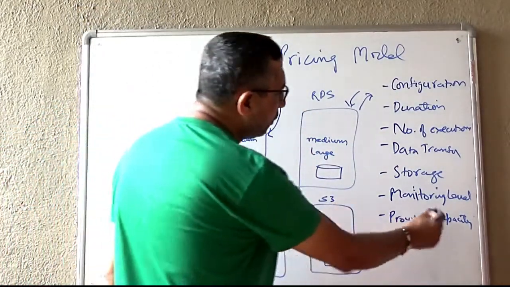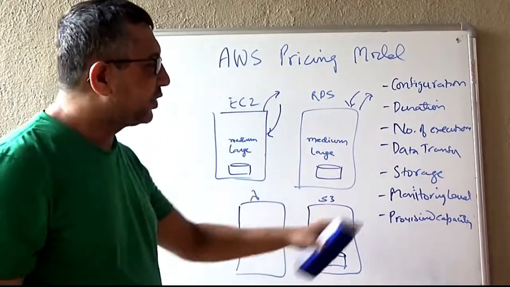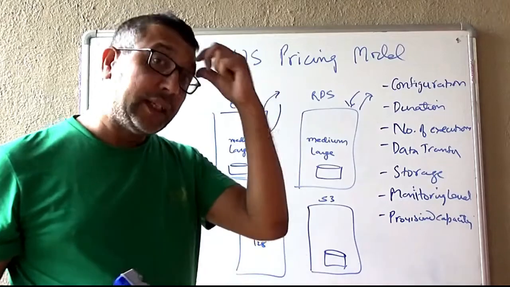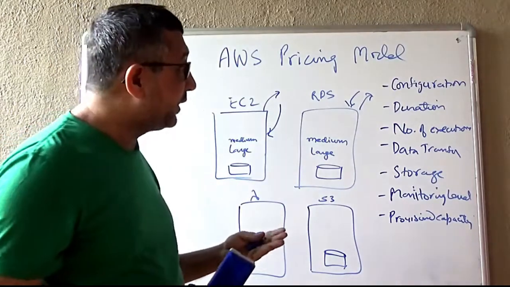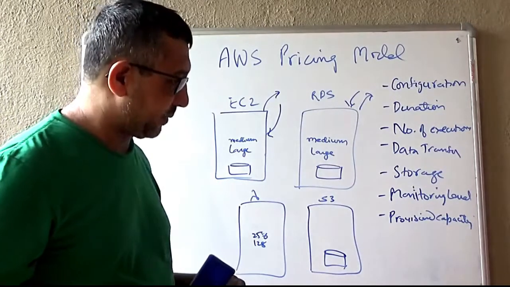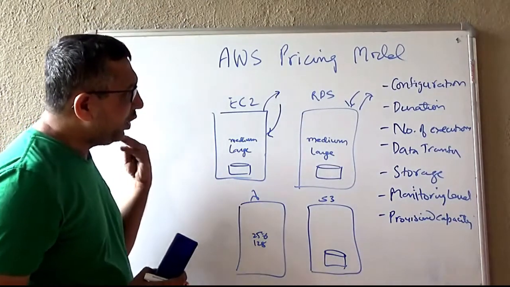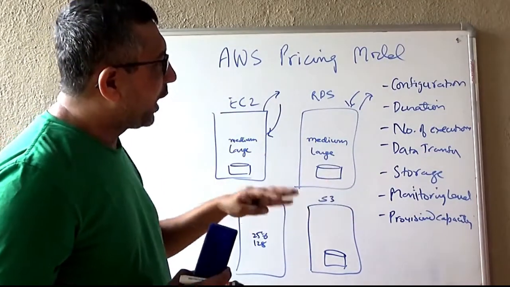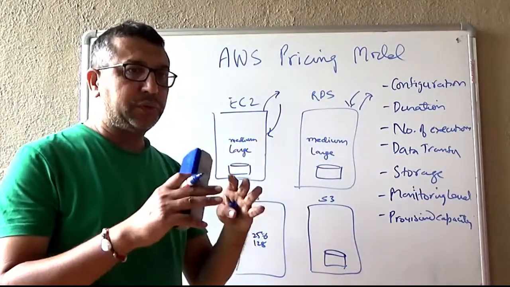But then what you can do is provision a higher level of capacity. It is true with DynamoDB also. You can provision higher capacity for the number of read and write units, so that the end user gets a smoother experience.